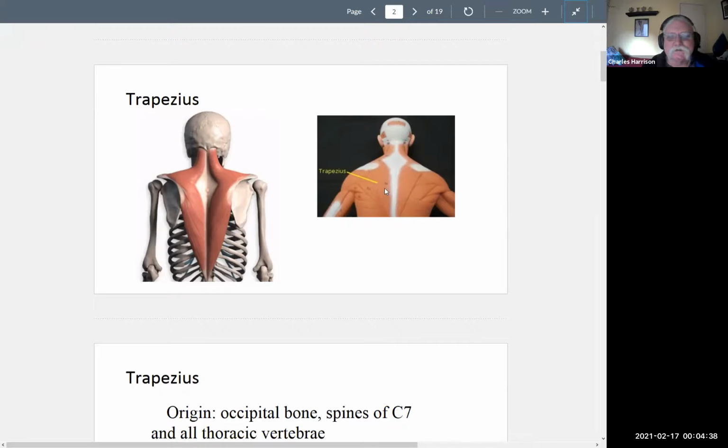Here's the trapezius muscle. This muscle is a roughly triangular muscle. It's shown here, then it curves in here. This pulls the head back. It pulls the shoulders back. It helps you arch your back backwards.